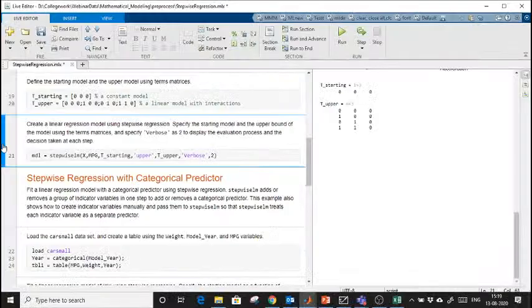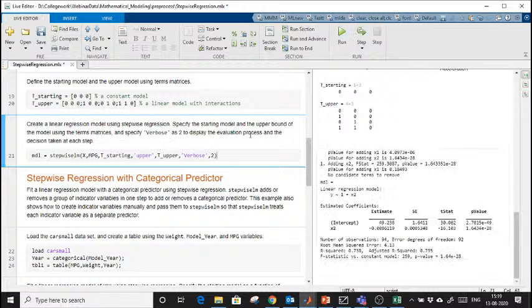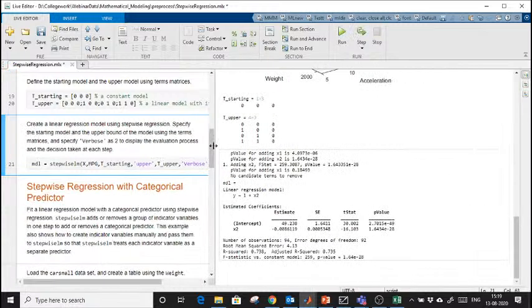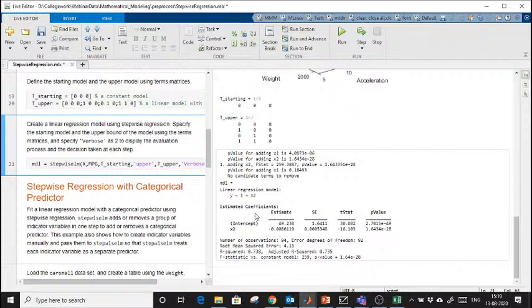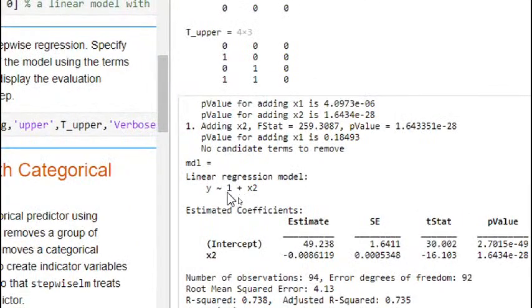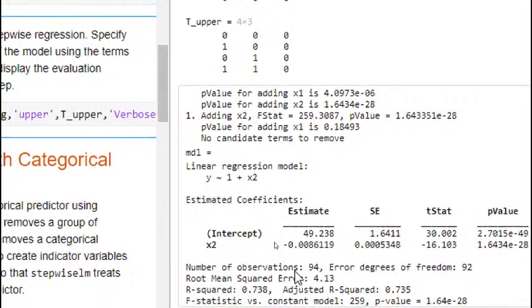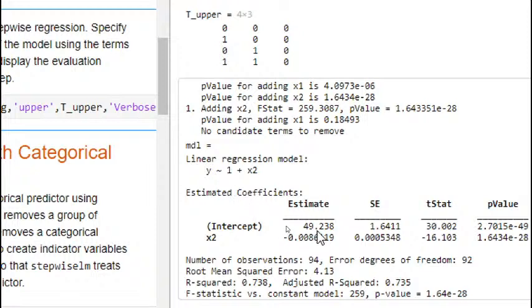I am going to run and I want to check my equation. So here you see, these are the properties. You see that acceleration is excluded. My equation is y equal to some constant plus weight with some coefficient. And what is the intercept? That is the constant, that is 49.238, it is estimated.